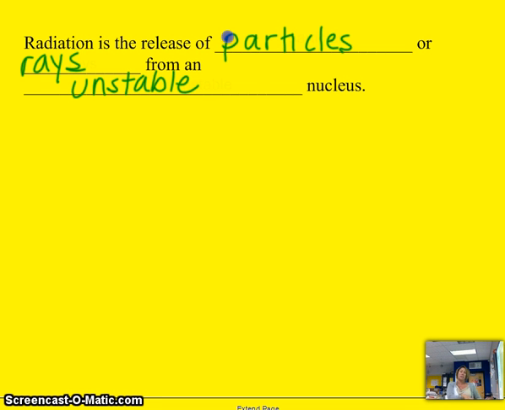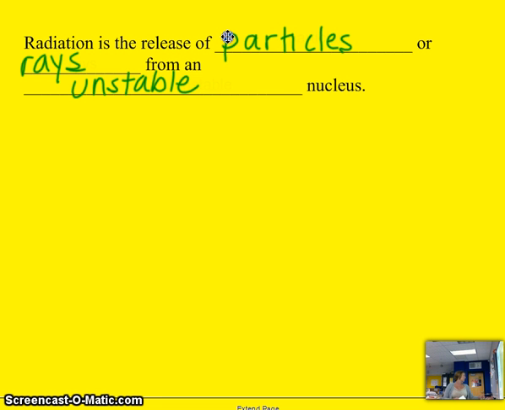When you have an upset stomach and you don't feel so good, usually what you do is you vomit or you spew. And that's what an unstable nucleus does. It's not really together very well, and what it does is it spews things out of it. It spews either particles or rays, and we'll talk about what those particles or rays are.